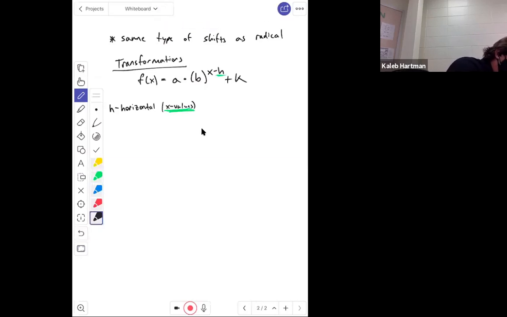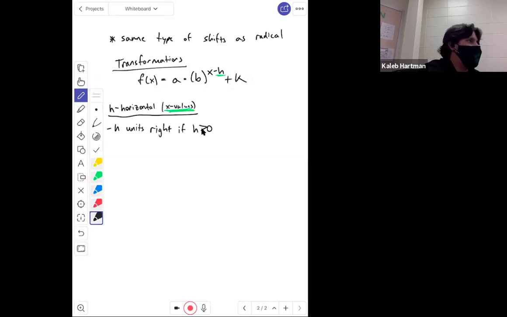So how does it change it? How does h change the x values? The function moves h units right, so to the right, if h is greater than 0. So if we have x minus 2, x minus 3, x minus 4, that's moving us h units right.